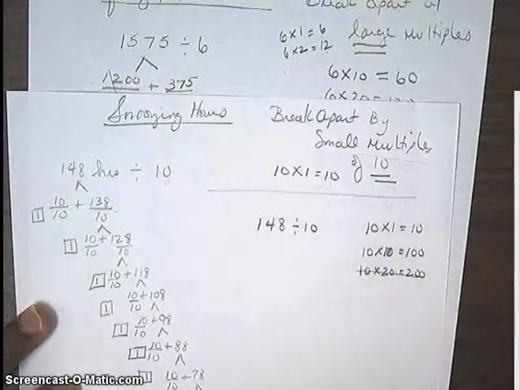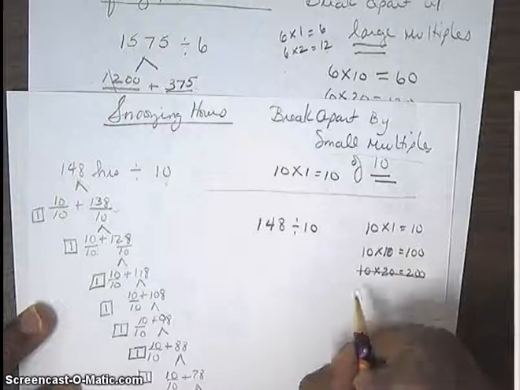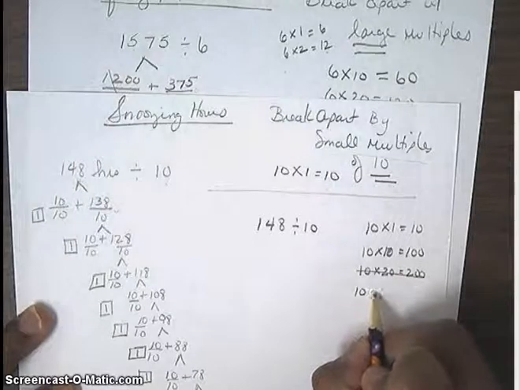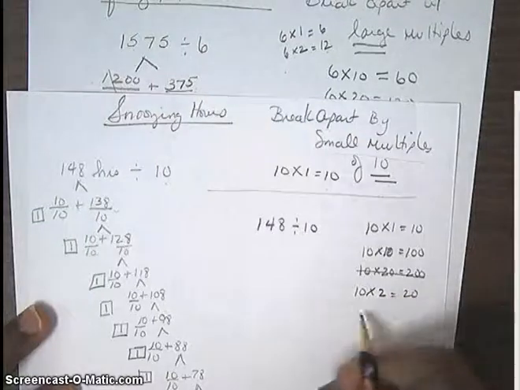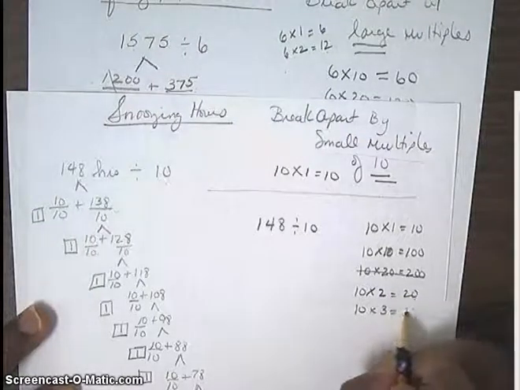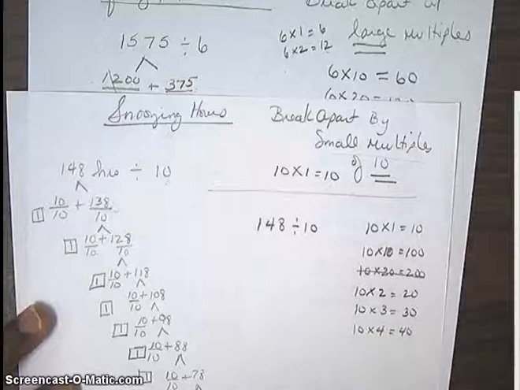Well, that one's too big. So let's go back and look at some other multiples of 10. How about 10 times 2, which is equal to 20, 10 times 3, which is equal to 30, 10 times 4, which is equal to 40. I think these are going to help us with this particular problem.